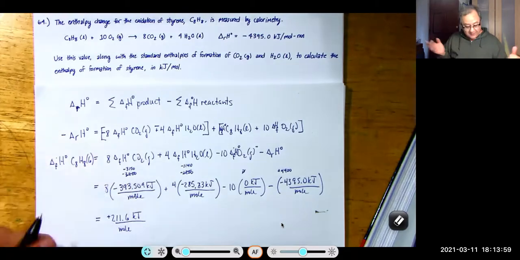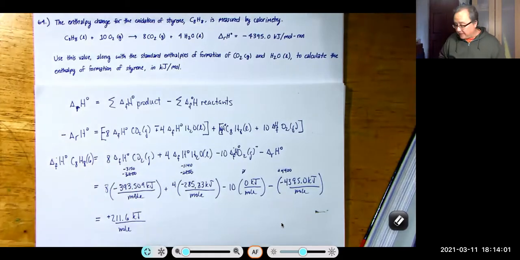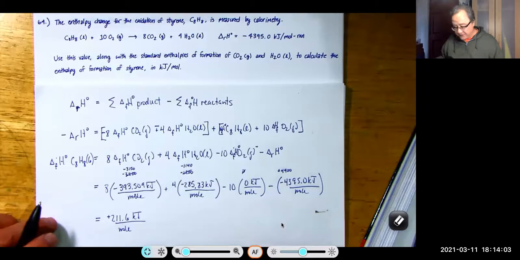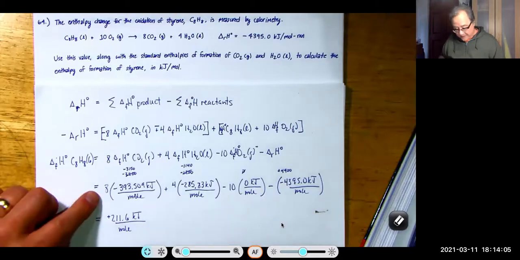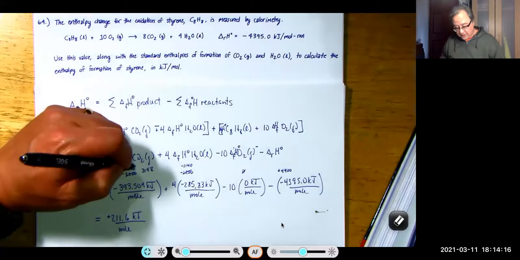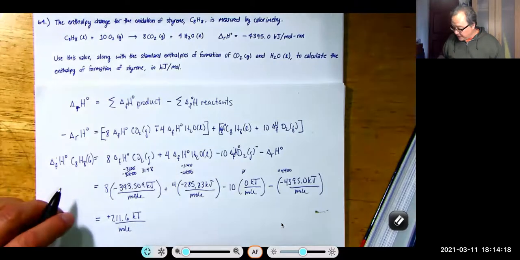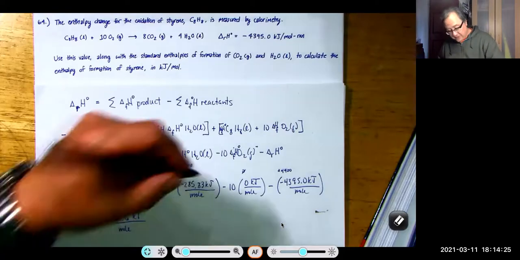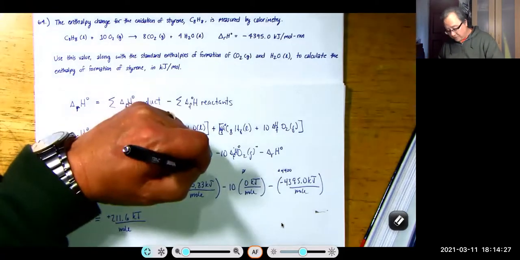I must have estimated incorrectly or used my calculator incorrectly. So I'm just going to double check on the calculator. 8 times 393.50 is actually 3148. And 285.83 times 4 is actually 1,143.